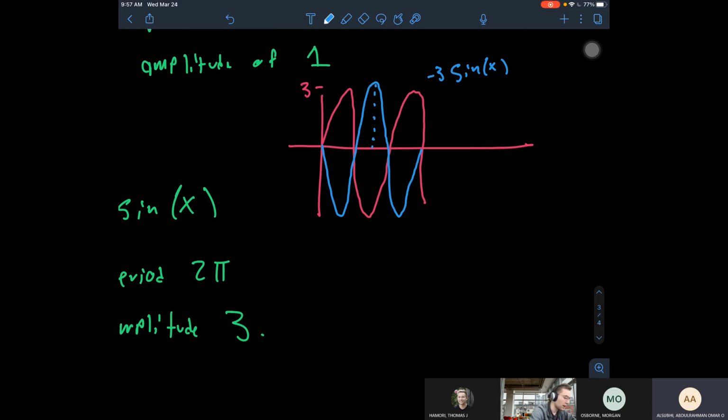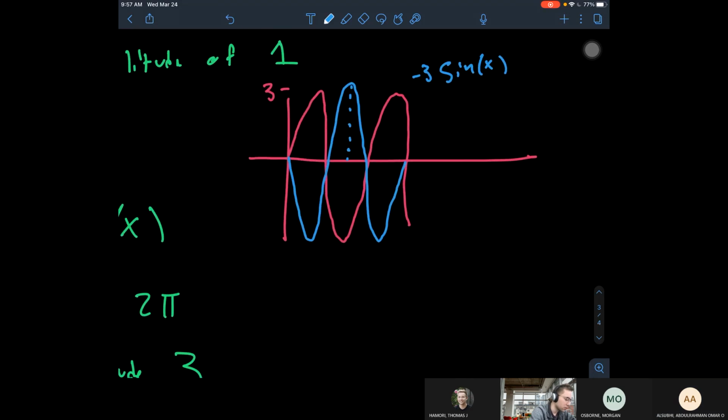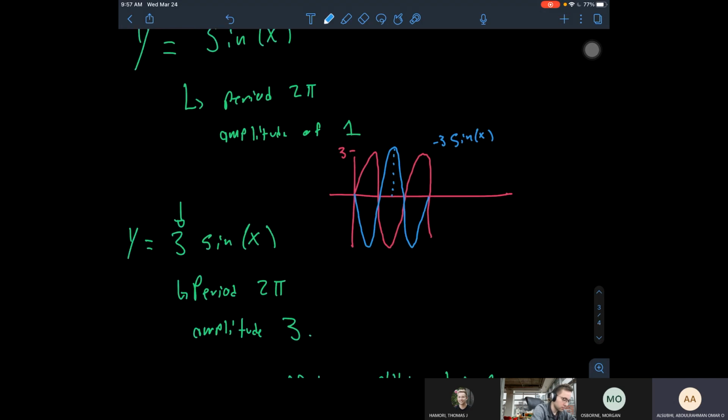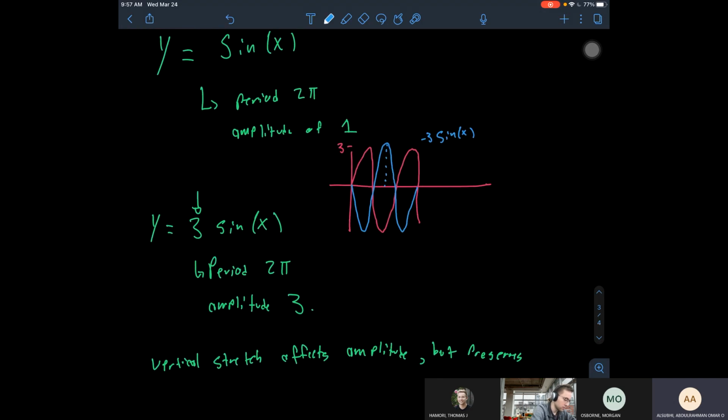So when I talk about the amplitude, I'm talking about if I look at the graph and I look at the waves and I find one which is rising above the x-axis, what is its height? Okay? When I apply 3 sine x, I apply it like -3, but if you ask me about the height, I just give 3 because it's a height measurement.